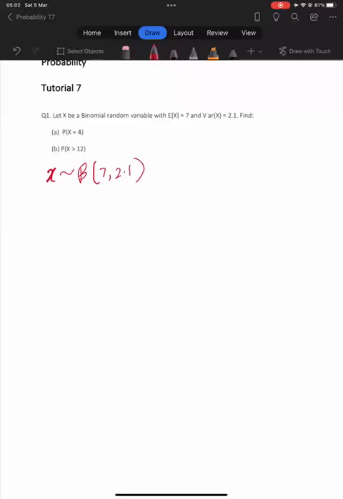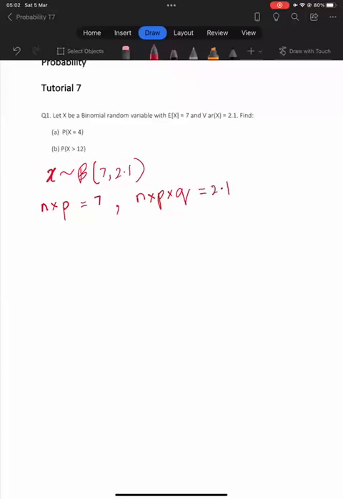We know for a binomial random variable, expected value is equal to the number of trials times the probability of success. So if this is 7, and the variance of X, which we know is the number of trials times probability of success times probability of failure, is 2.1.